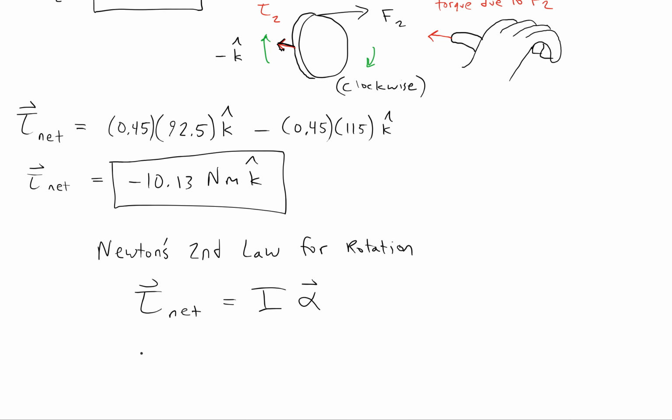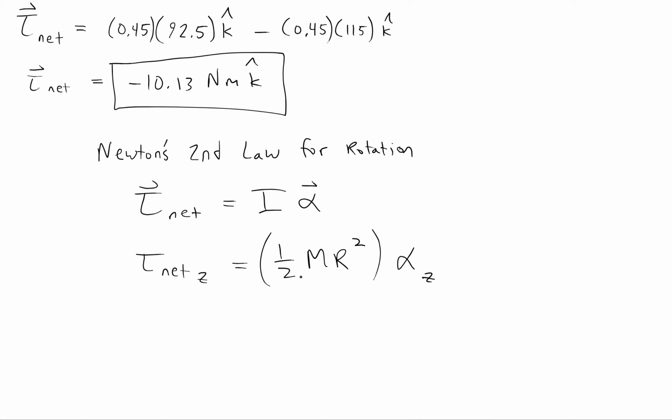Now this is a disk. So what we're going to want then is the formula 1/2 mr squared. Yeah, that's the formula for a disk.